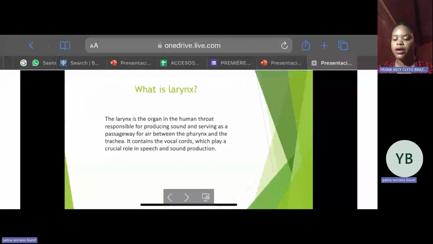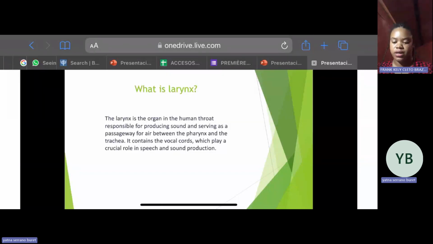The larynx is the organ in the human throat responsible for producing sounds and serving as the passageway for air between the pharynx and the trachea. It contains the vocal cords, which play a crucial role in speech and sound production.